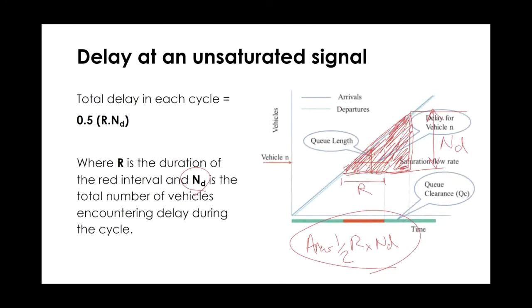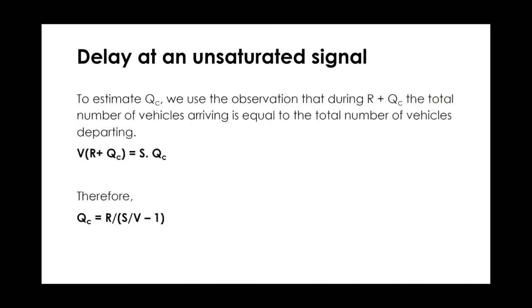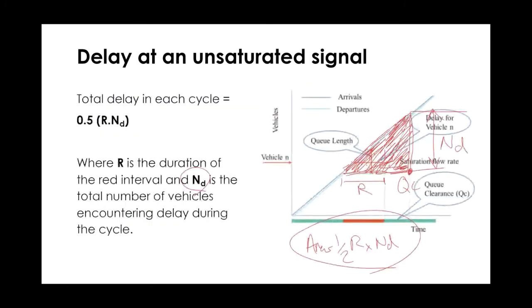So what would be the area of this triangle? Remember this point, we call this the Q clearance time, QC, right? So this area is actually half of ND multiplied by what? It would be multiplied by this length, whatever that length is.